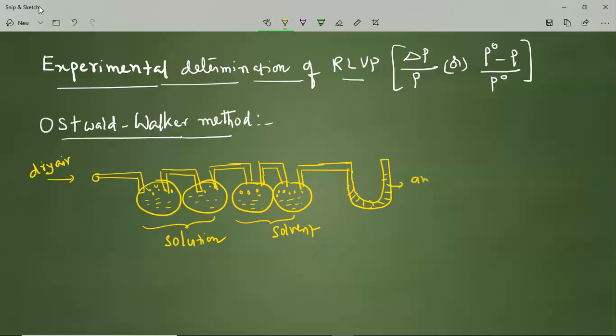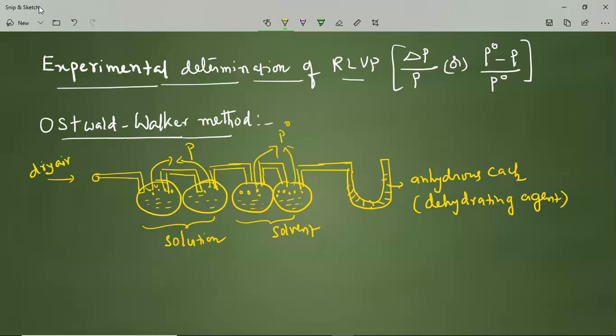Actually, in the first two bulbs we have the vapor pressure of the solution, which you can call PS or P. And in the next two bulbs we have the solvent, whose vapor pressure is P naught. So the first two bulbs we consider P, and the next two bulbs we consider P naught.